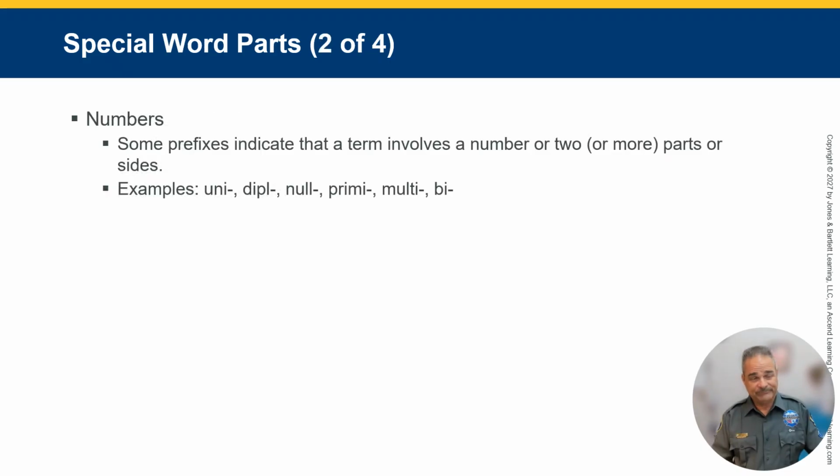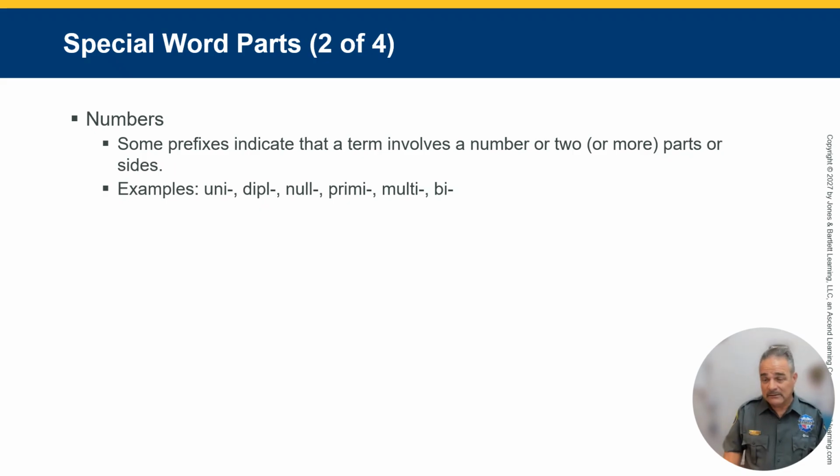So numbers. Some prefixes indicate a term that involves a number or two or more parts or sides, such as uni. Unilateral, that's one side. If I want to say bilateral, that's both sides.